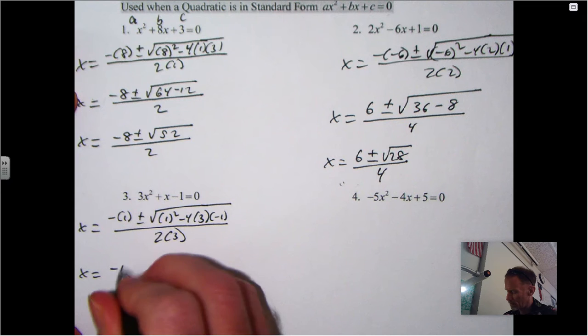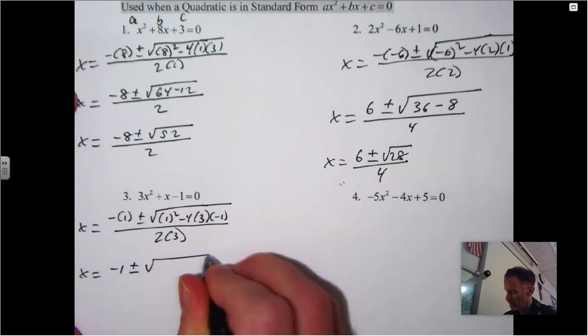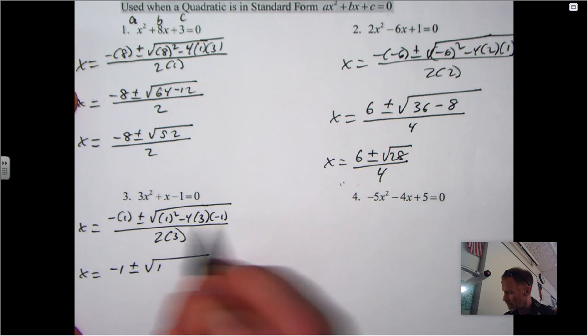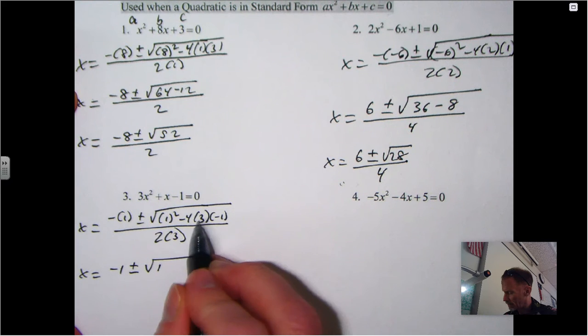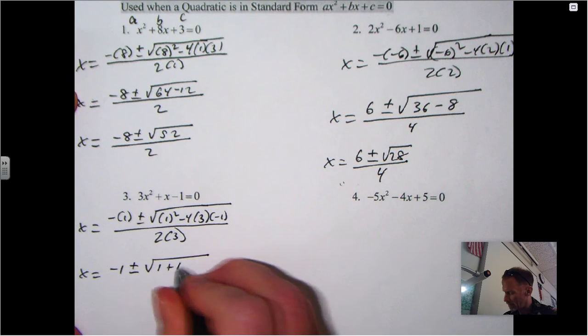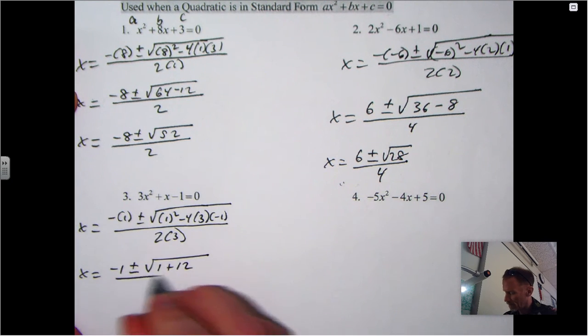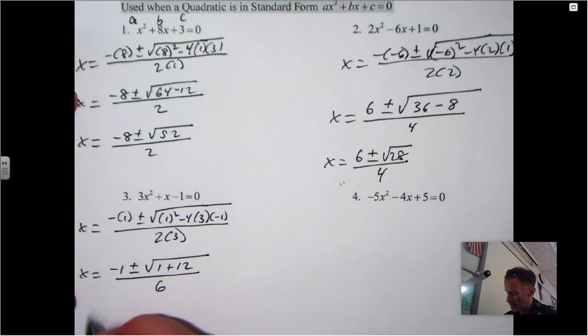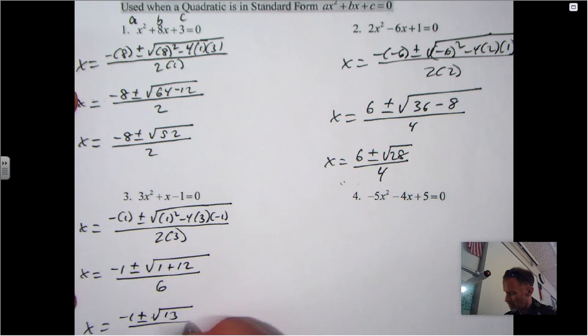X equals negative 1 plus or minus the square root of 1. Notice this is a positive: negative 4 times 3 times negative 1, so plus 12, over 6. Now in this case, that's negative 1 plus or minus root 13 over 6.